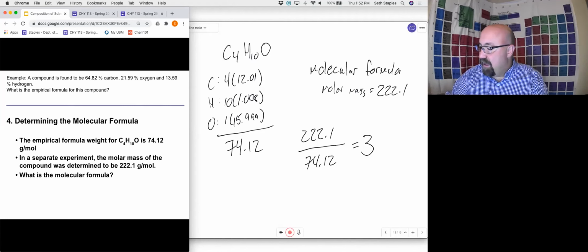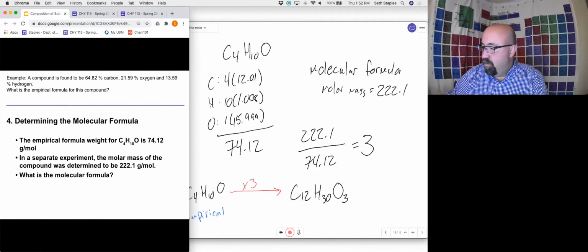That tells us that as we're going from the empirical formula, C4H10O, remember that this is our empirical, we want to scale that up by a scale factor of 3 to get C12H30O3.